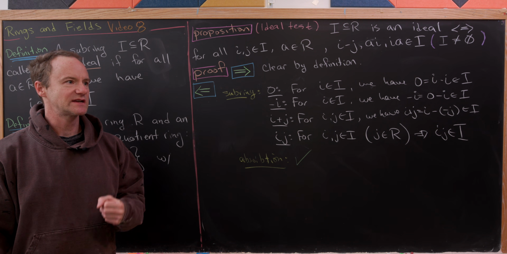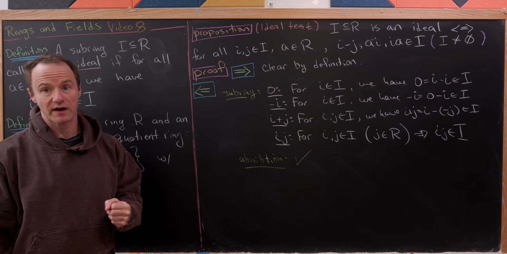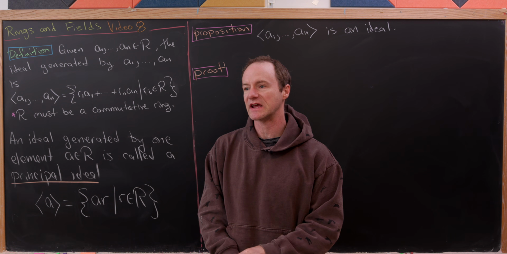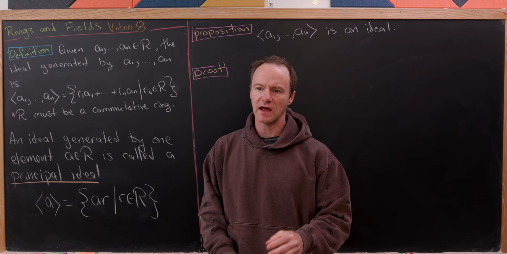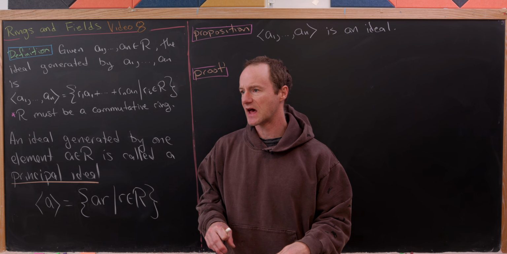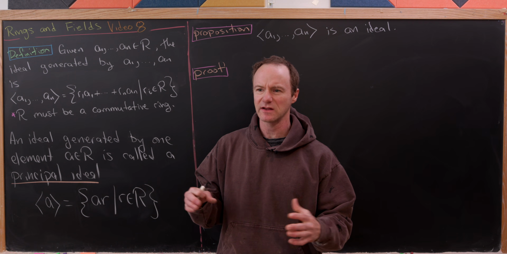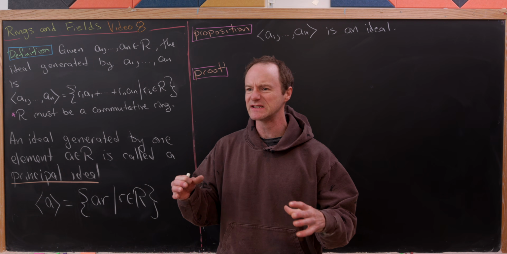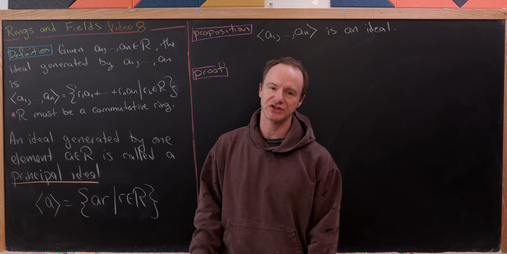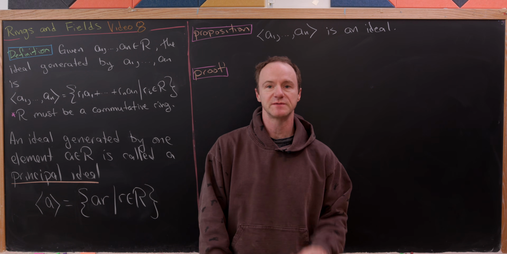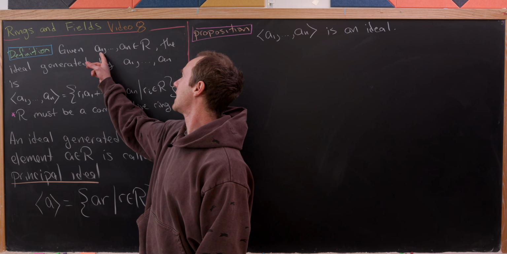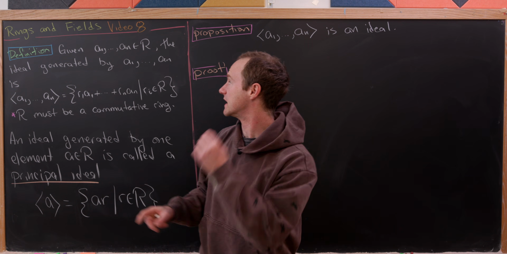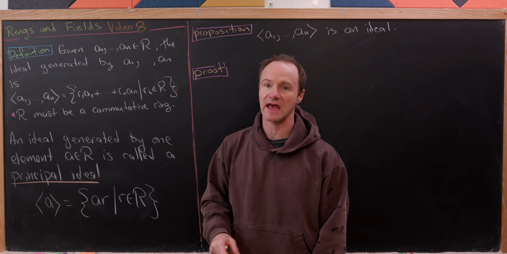Okay, so now I'd like to look at the notion of an ideal generated by certain elements. For the rest of the video, unless explicitly mentioned, we're going to take R to be a commutative ring. The main reason for that is that most of these things get to be a little bit complicated or sticky if we are not working with a commutative ring, but you can see some nice things happening if we just restrict to commutative rings. Okay, so anyway, let's say that we're given a1 up to an in R, then we want to define the ideal generated by these elements a1 up to an.